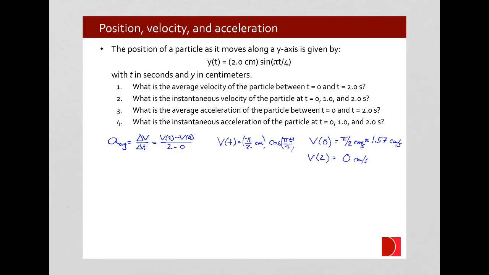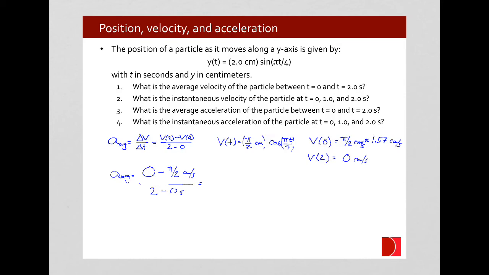To find the average acceleration, then, we have 0 velocity minus pi over 2 centimeters per second. We're dividing by 2 seconds minus 0 seconds, which is our time interval.